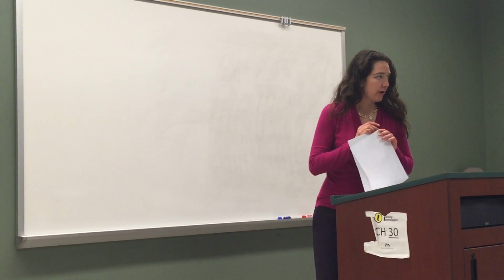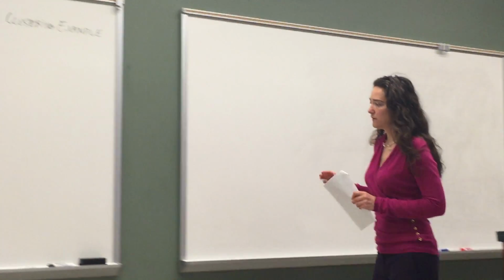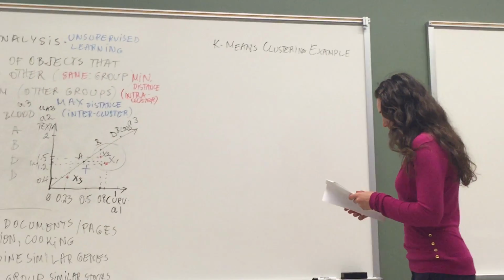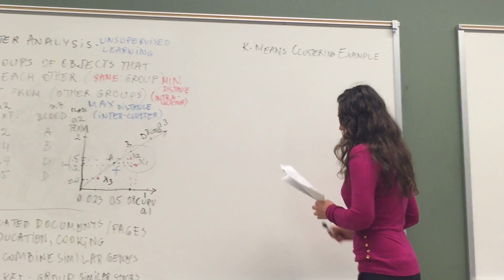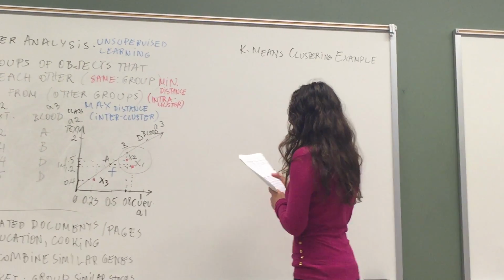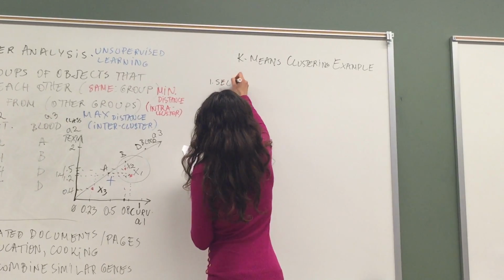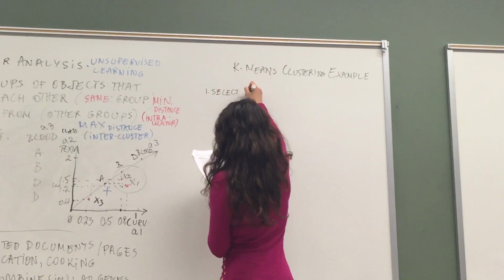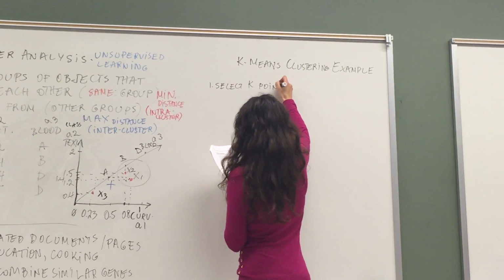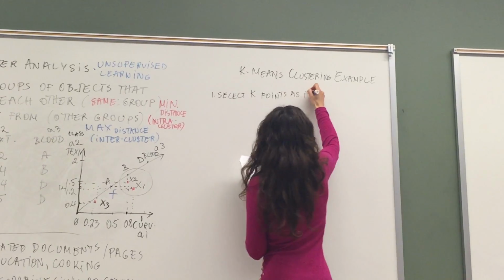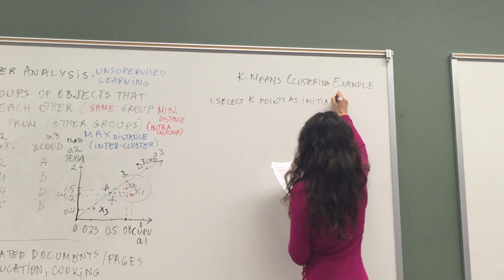We recall from the previous lecture, the way the algorithm works is as follows. First, select K points as initial clusters.